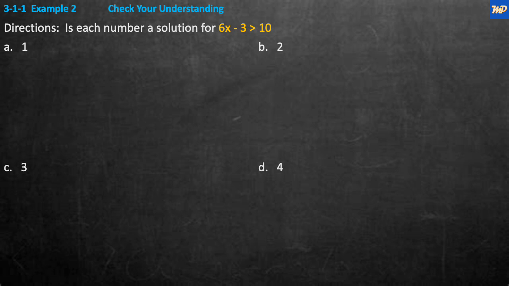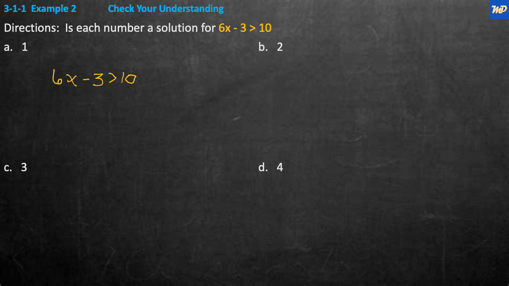Okay, I'm assuming now that you've taken the time to do this work. So let's look at it. For problem A, is 1 a solution to 6x minus 3 greater than 10? So I'm going to write down the inequality: 6x minus 3 greater than 10.